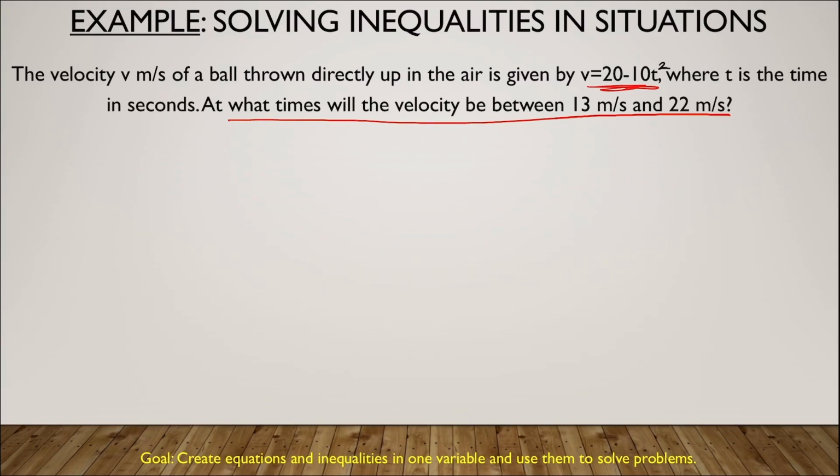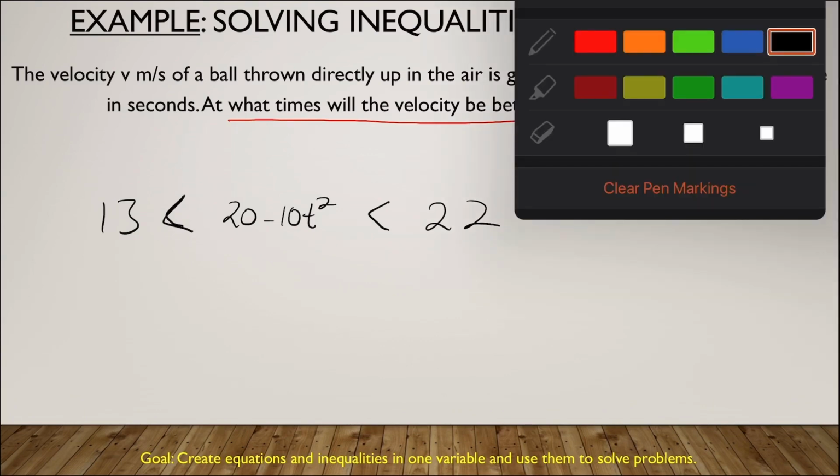So we know that it's going to be between 13 and 22, and my equation for it is 20 minus 10t squared. What times will the velocity be between 13 meters per second and 22 meters per second? So we know it has to be between those, so my velocity needs to be bigger there, smaller there. No, you know what? I don't need that squared.